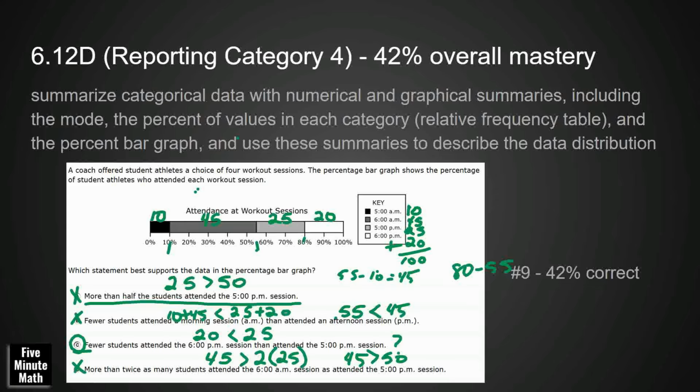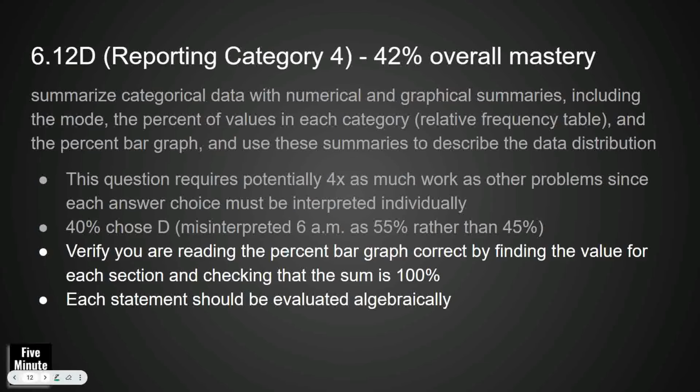Now you can see why we struggle with this. We had 42% of our students get this correct. That was a lot of calculation, and all of it depended on first putting the right numbers here and then using those. It potentially requires 4 times as much work as any other problem because each answer must be interpreted individually.